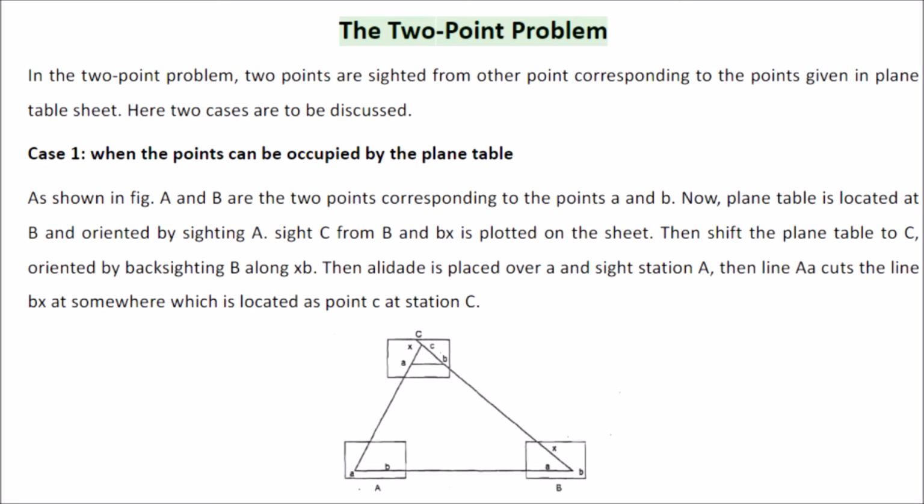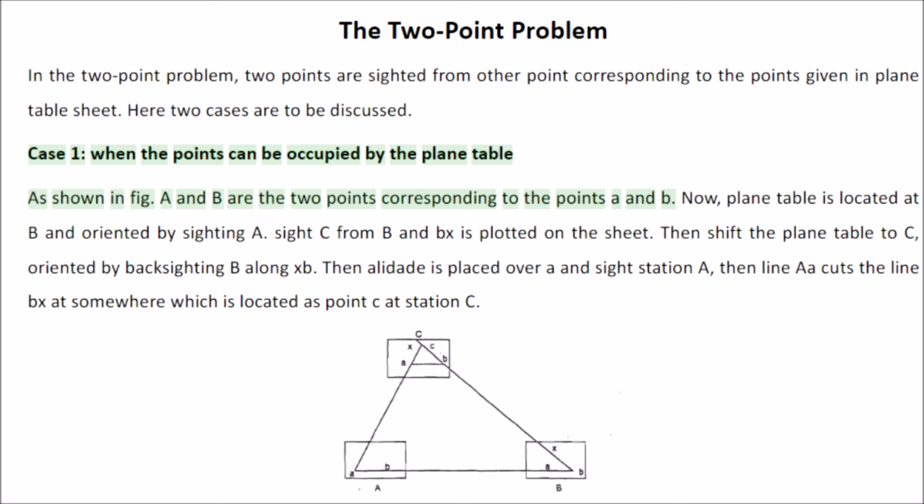The 2-point problem. In the 2-point problem, 2 points are sighted from other points corresponding to the points given in the plane table sheet. Here 2 cases are to be discussed. Case 1.